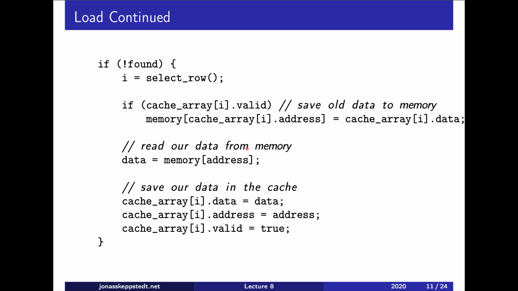So this can take a lot of time. It doesn't take so much time to send away data from the processor to memory, since the processor doesn't have to wait for it.